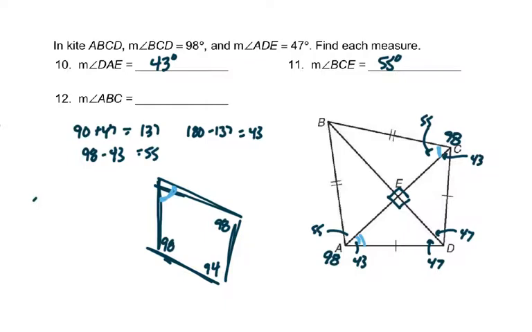And the inside of a quadrilateral adds up to 360. So we're going to do 98 plus 98 plus 94, which I believe is 290. Then we do 360 minus 290, and the missing angle is 70.